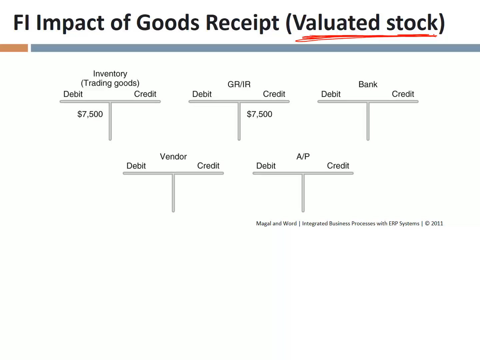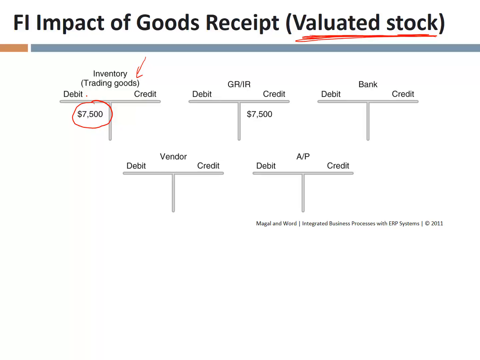So here's the way this plays out. We, in this instance, are debiting trading goods, which reflects that we now have, in this particular example, $7,500 more in trading goods than we had a moment ago.